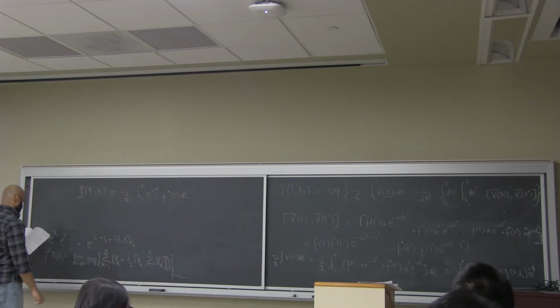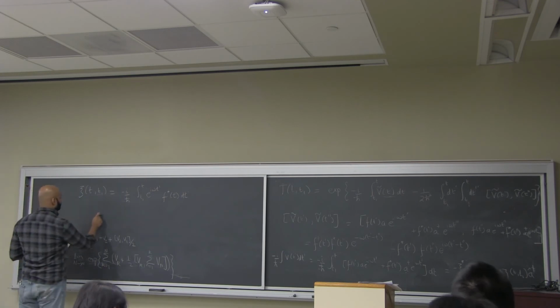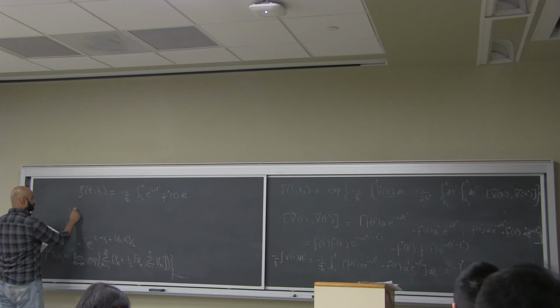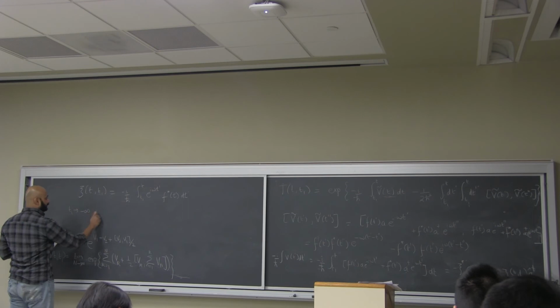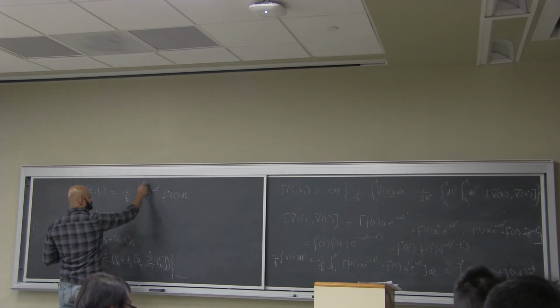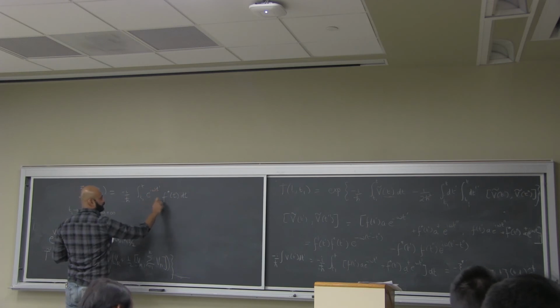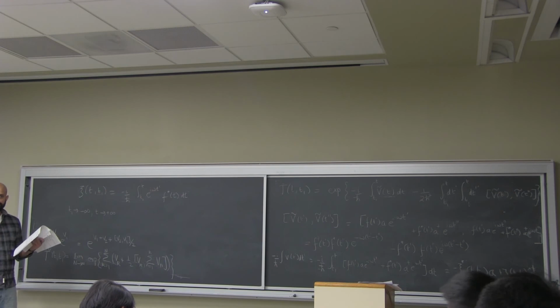Okay, so there's a nice interpretation of this. If we take t1 going to minus infinity and t going to plus infinity, then you see right away this is the integral from minus infinity to plus infinity of e to the i omega t prime f star of t prime. That is just the Fourier transform of the force.